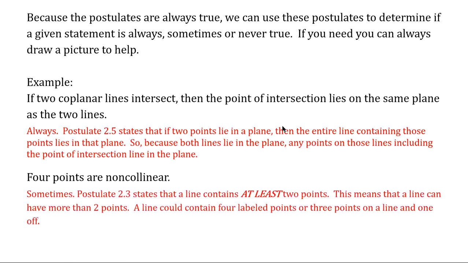What we're looking at, though, is that this statement is sometimes true, because you could end up having a line that has all 4 points on it. So we can't say all the time that it's a true statement. Sometimes it's going to be true, sometimes it's not. Does that make sense? Okay.